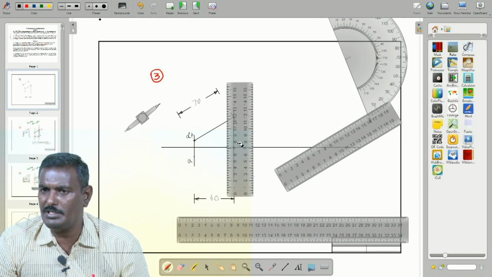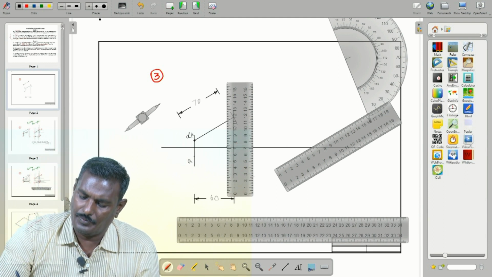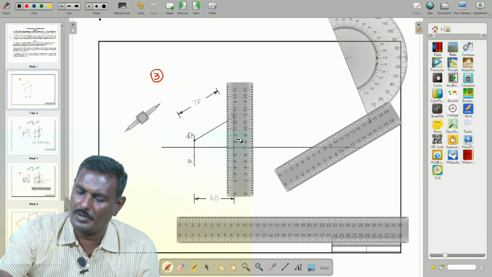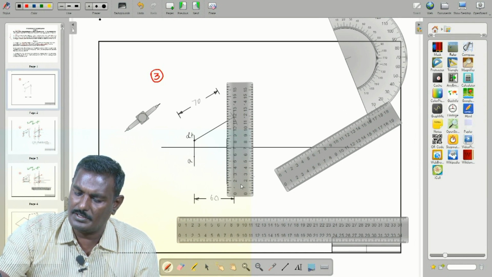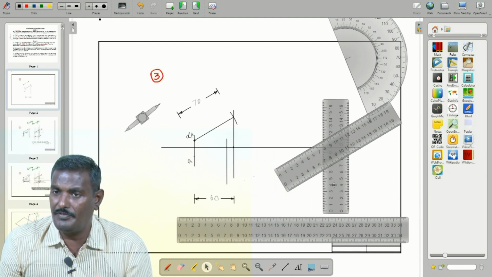So below, draw projectors. So that is 50 mm.